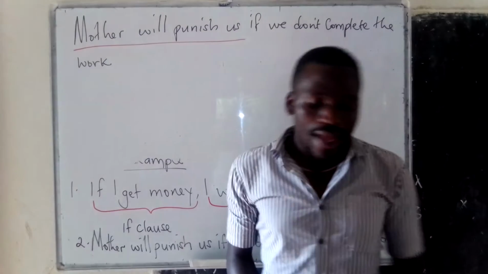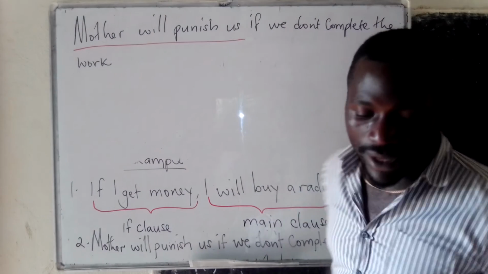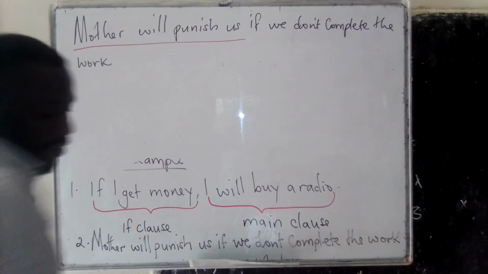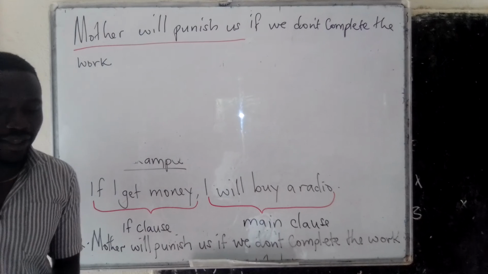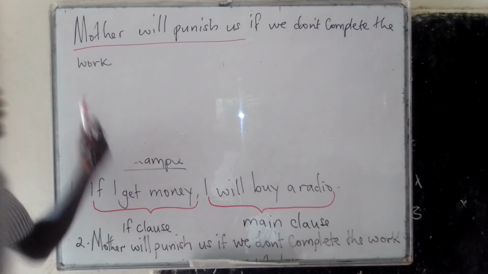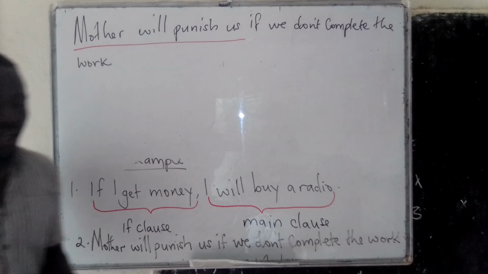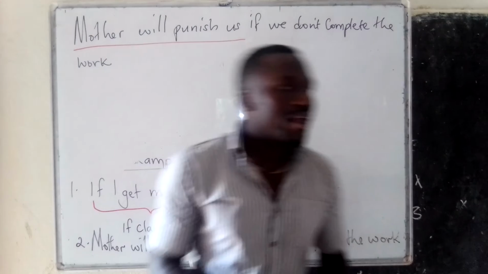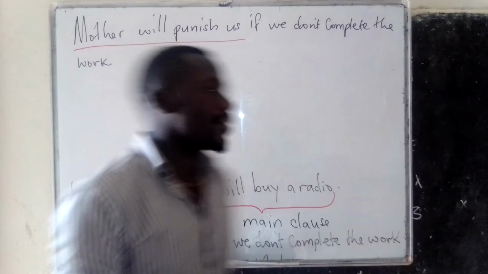I will be winding up this lesson with something simple here. I will give you these sentences. They are all beginning with the if clause, and I will ask you to begin them with the main clause.